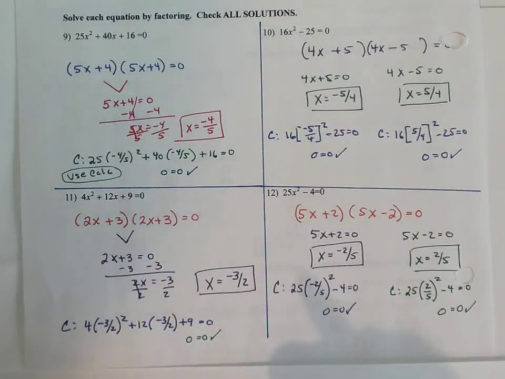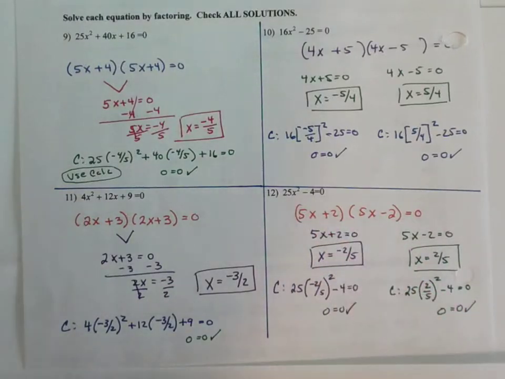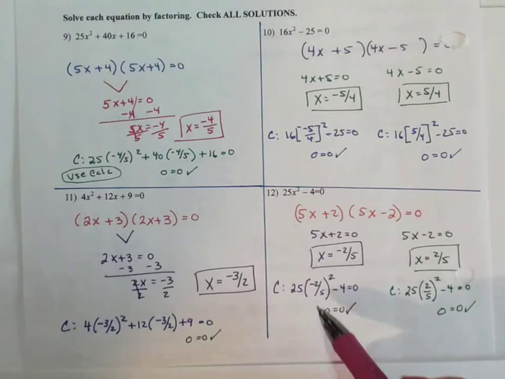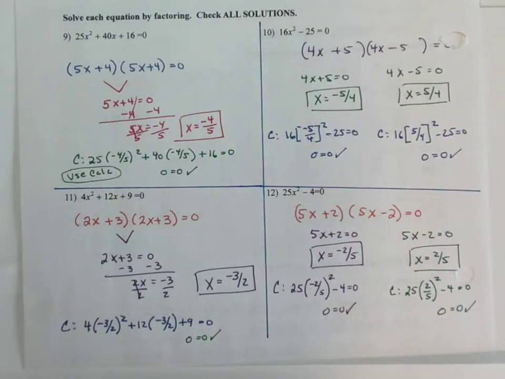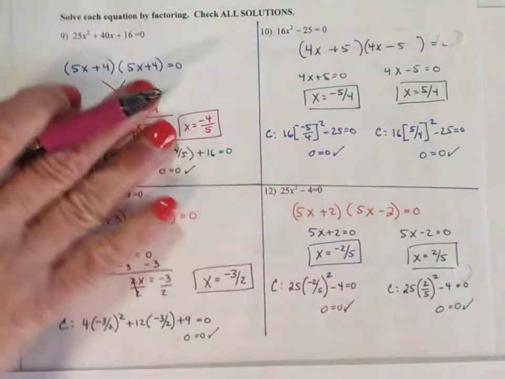And again, I checked it. Here, the factors are different, so I had to set each factor equal to 0, solve each factor, and then check each factor in the original equation. All right, now we're going to do the final problem.